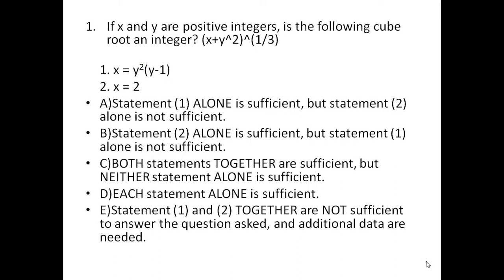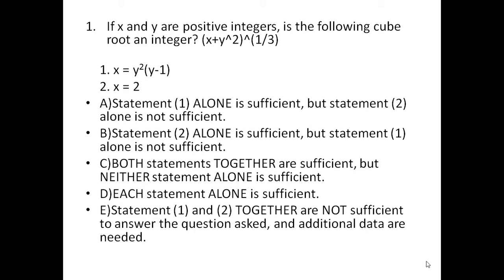This is the first question we are going to deal with. This question says, if x and y are positive integers, is the following cube root an integer? An expression has been given inside the bracket, x plus y squared, and we are supposed to find whether the cube root of this expression is an integer. There are two statements given in the question.